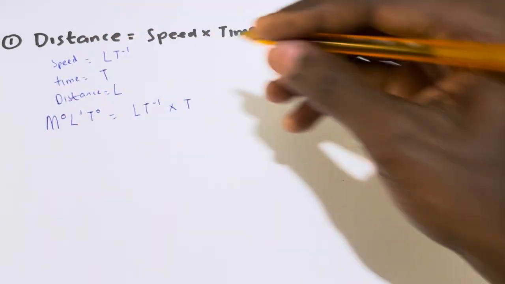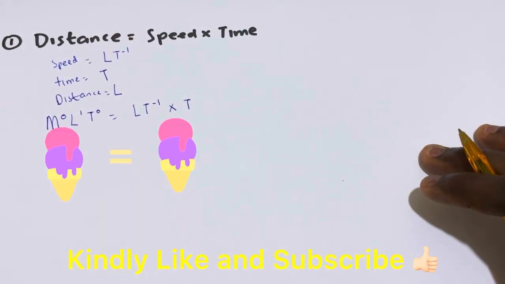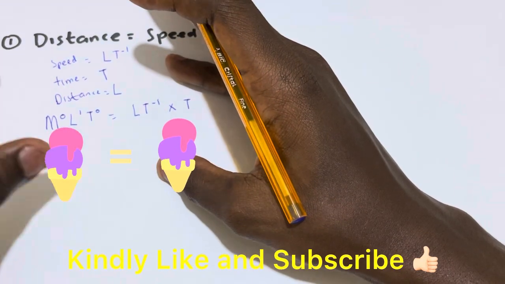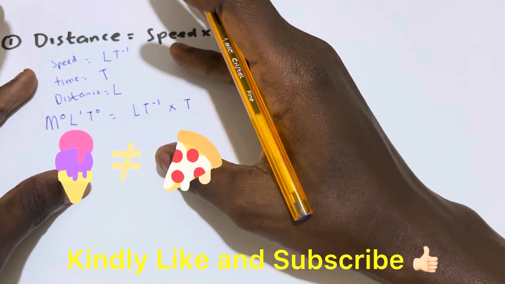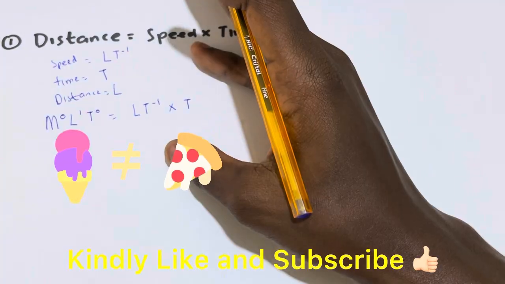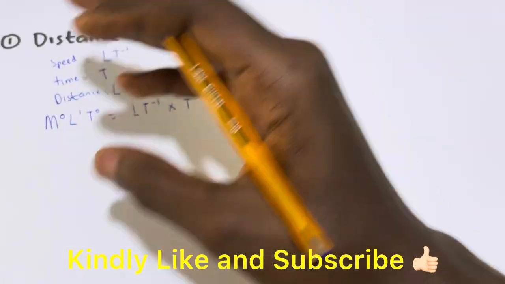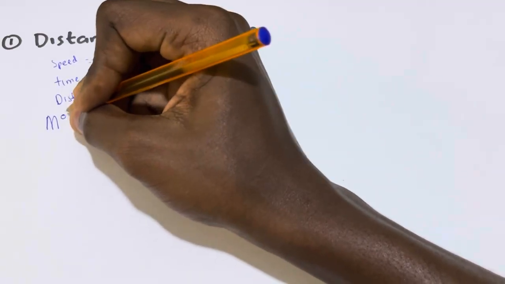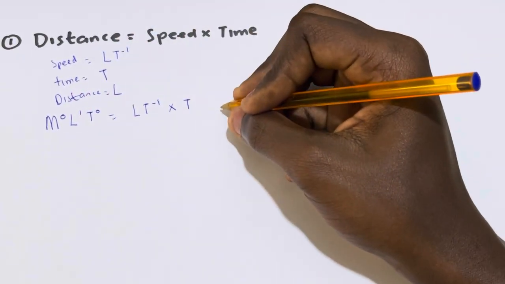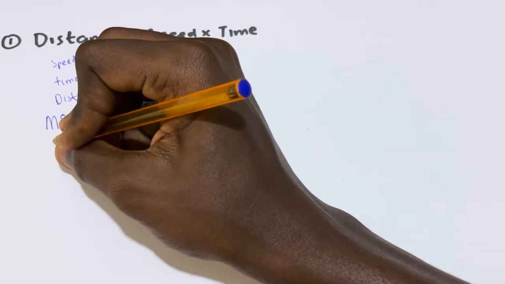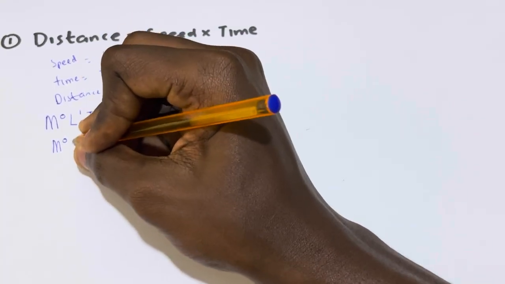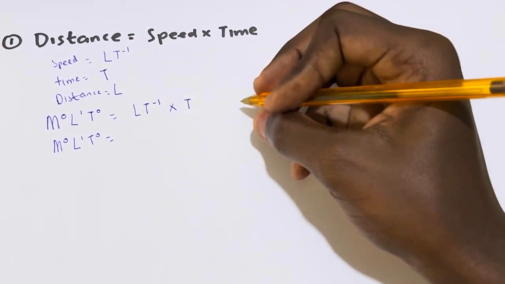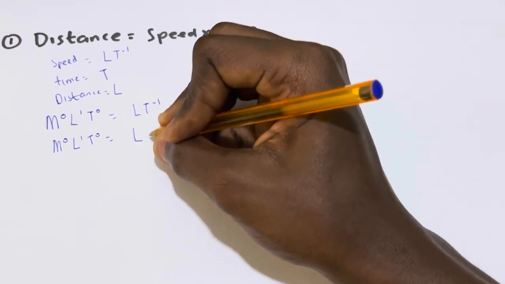So to check, we must know that the left side must be equal to the right side. Are you getting it? So we are checking whether it's correct or not. We have M^0 here. There's no M here. So let's form one equation.